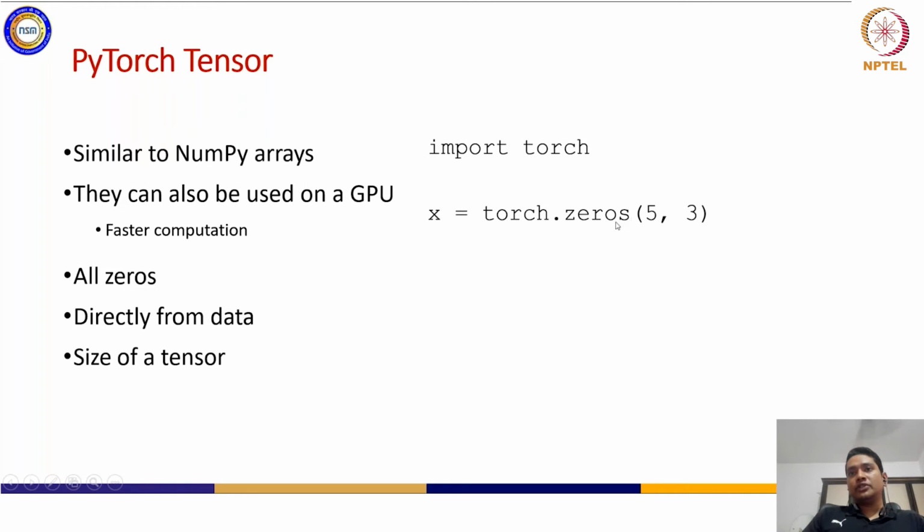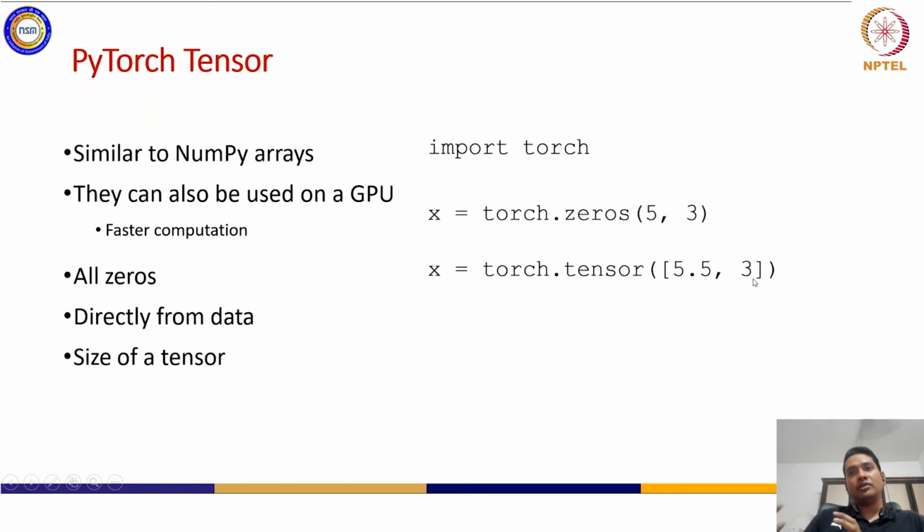So torch.zeros will give you a set of zeros. How many? The dimension will be defined in these arguments. So we are defining a two-dimensional tensor x with 5 elements in the first dimension, and 3 is the size of the second dimension.